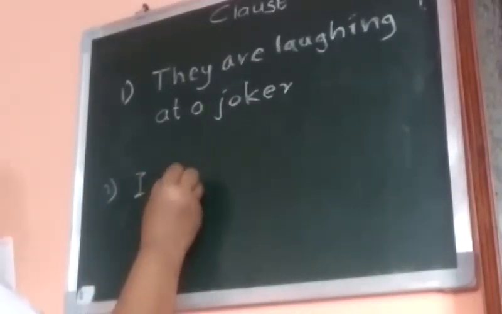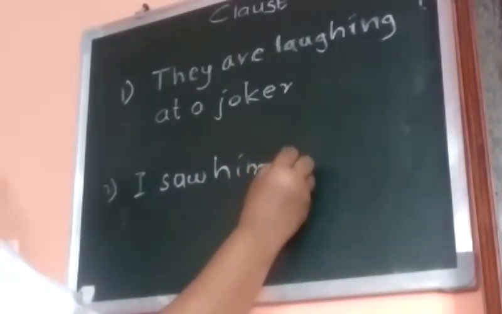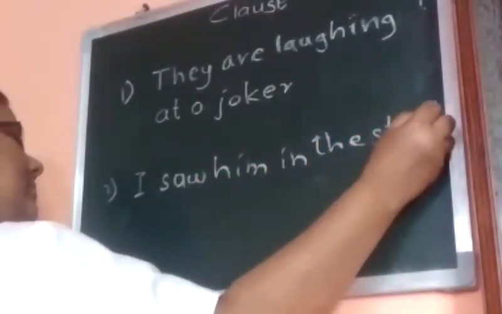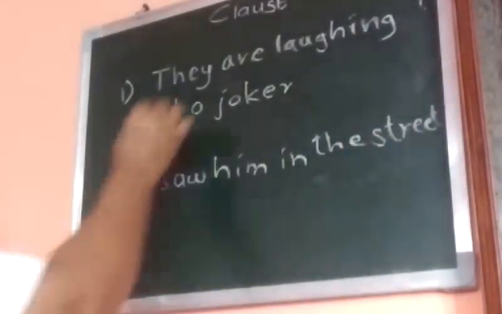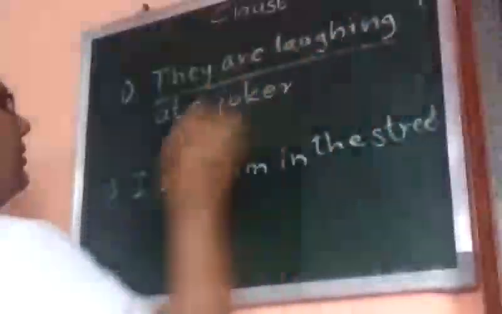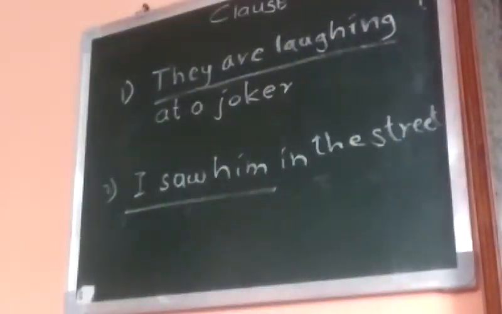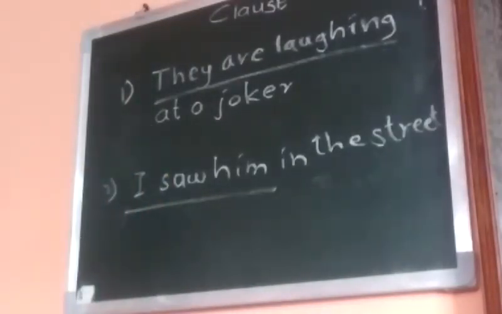I saw him in the street. They are laughing. I saw him. We can say that these sentences are clauses.